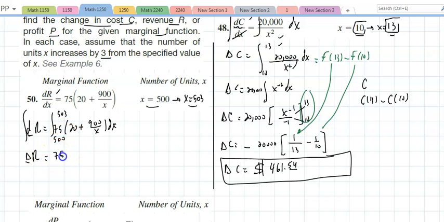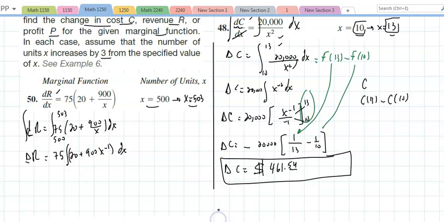What would that be? That is a constant, right? I drag that out into 20 plus 900x to the negative 1 dx evaluated from 500 to 503. I'm going to need a bit more space. And the change in revenue will be 75 times 20x. Add 1 to the power, divide by that. I almost made that mistake. That's a special case.